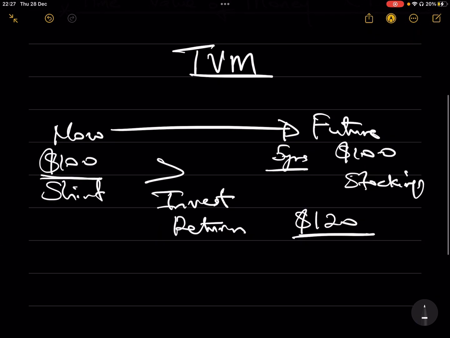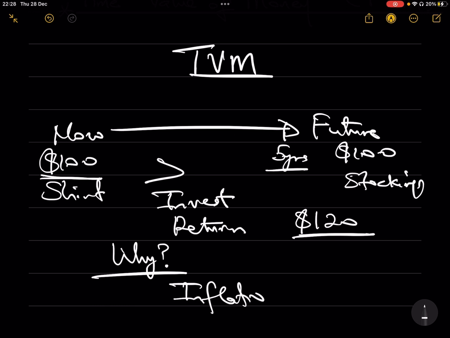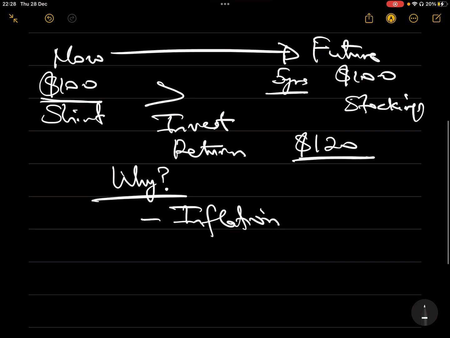So what we're saying is that the money today is not the same as the same money in the future. Today is better than tomorrow, right? Because the money at hand is sure, but the money in the future is not the same. Why? The major reason is inflation. And apart from that, there's element of risk and uncertainty.